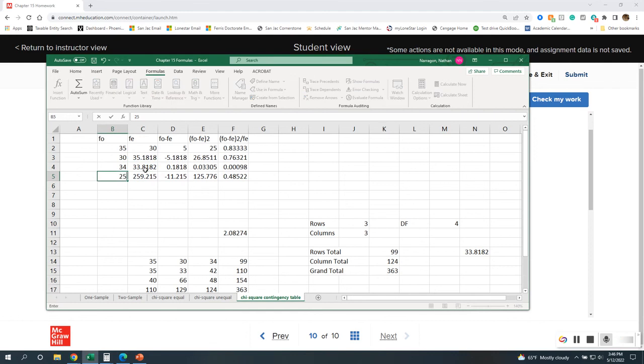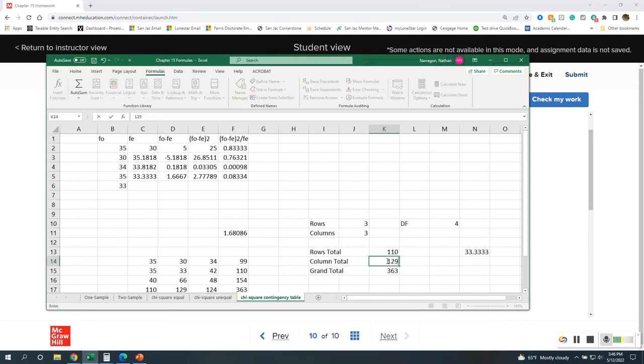Next row, start with 35 again. This time, its row total is 110. Column 110. So 33.3333. Whoops. Put that in the wrong one. 33.3333. Okay. 33.